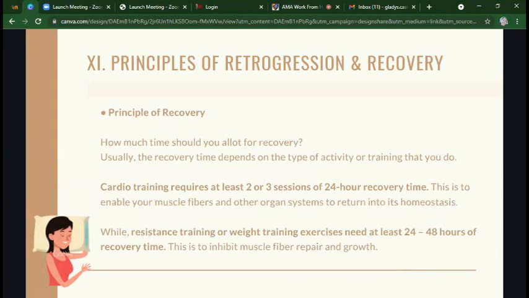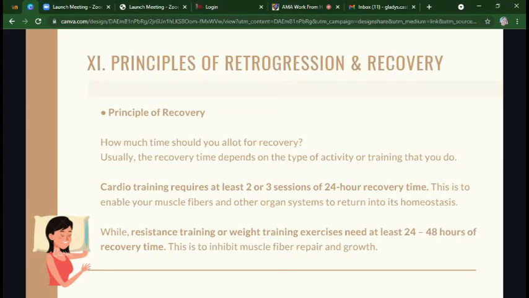So for the principle of recovery, how much time should we allot for recovery? Usually, the recovery time depends on the type of activity that we are supposed to do. Cardio training requires at least 2 or 3 sessions of 24-hour recovery time.